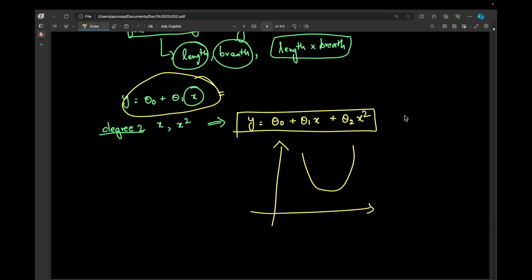And why is that? If you know the graph of x square, it will look like this. Let's say this is x and this is x square. For input 0, it will be 0. For input 1, it will be 1. For input 2, it will be 4.